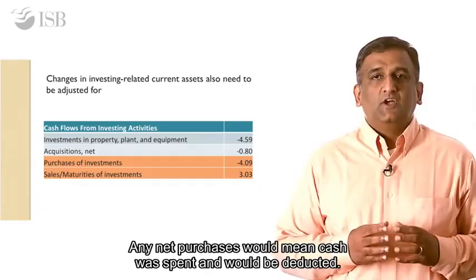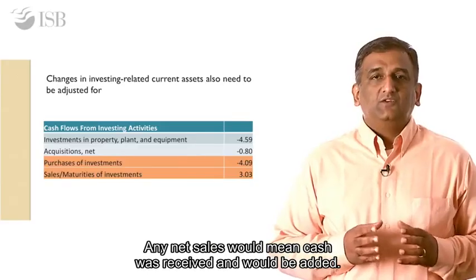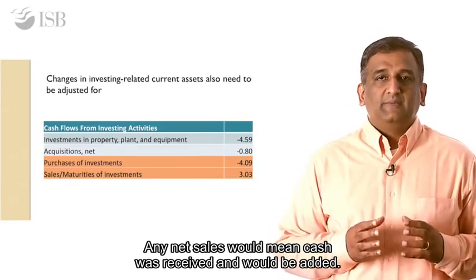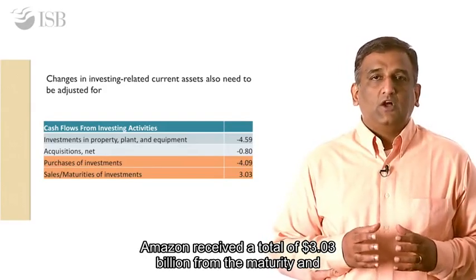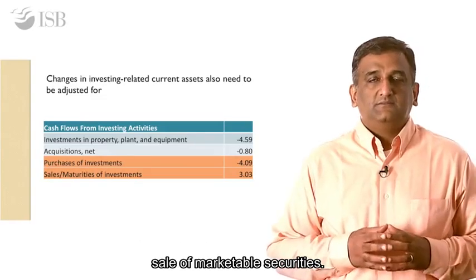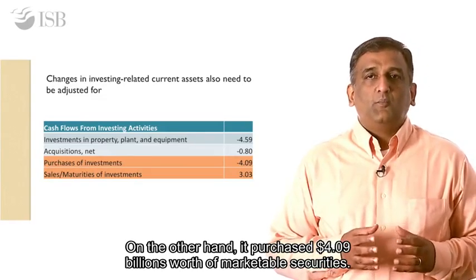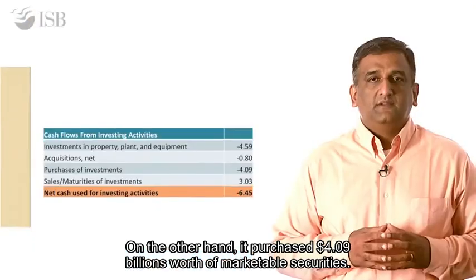Any net purchases would mean cash was spent and would be deducted. Any net sales would mean cash was received and would be added. Amazon received a total of $3.03 billion in cash from the maturity and sale of marketable securities. On the other hand, it purchased $4.09 billion worth of marketable securities.